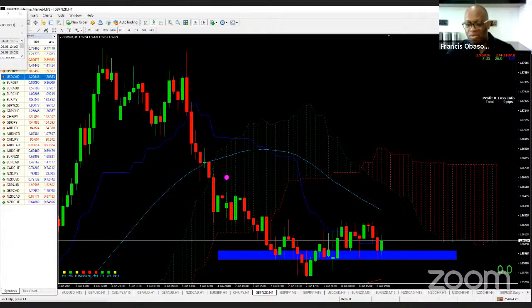I'm sure I'll be getting into some trades. It's coming up to 10 o'clock now. Usually after the close of the 4 hour candle at 10, some trades are ready to get into. So we have not been able to find any trade, but there's been some good teaching here.